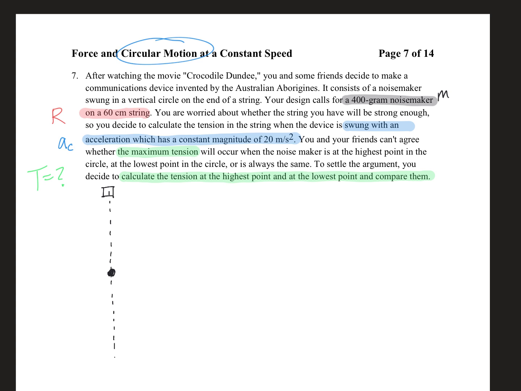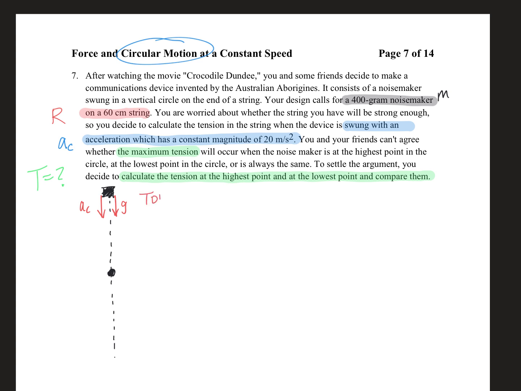So here we have this box, and when it's at the top, we would have a weight force down, or a gravitational force down, and there would be a centripetal acceleration there. So I'm going to get my colors coordinated here.